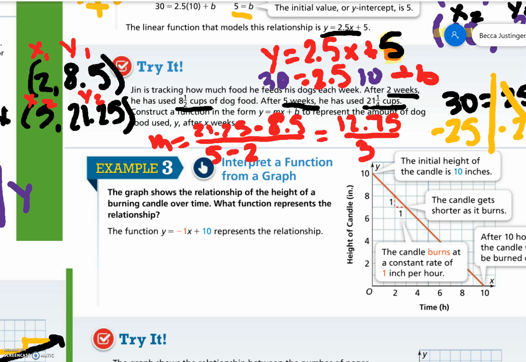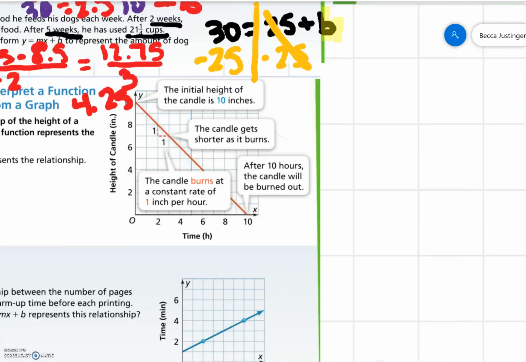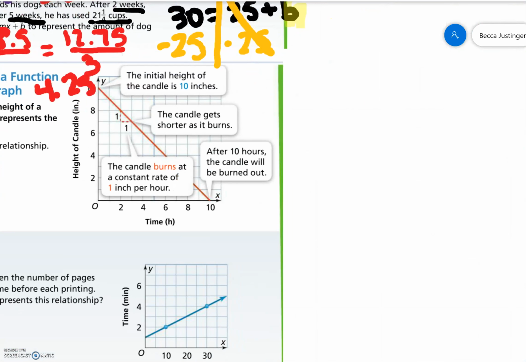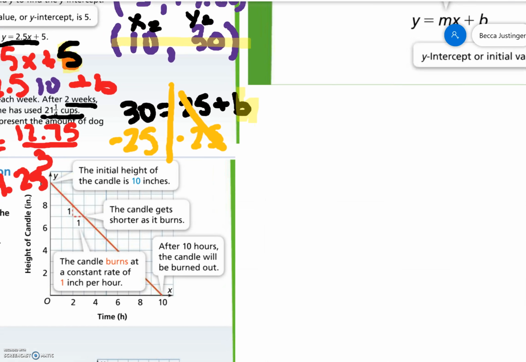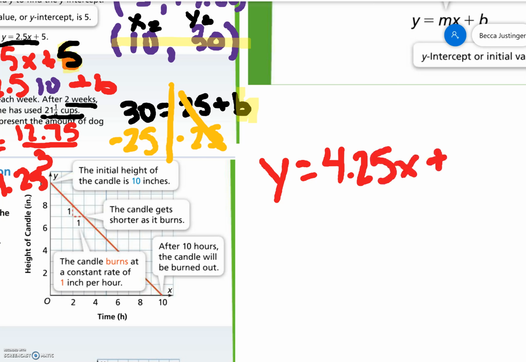So divide 12.75 by 3 and we get 4.25. All right, I'm going to continue this problem on the side here because I'm running out of room. I apologize if you don't have room either. Try and find space. So we just found out that our slope, our constant rate of change, is 4.25.